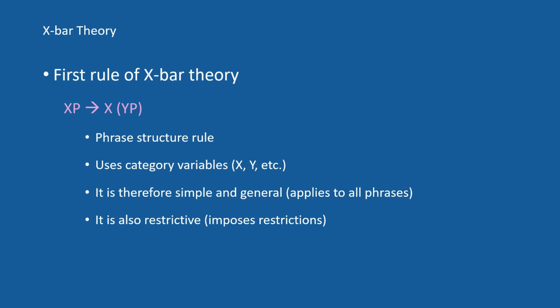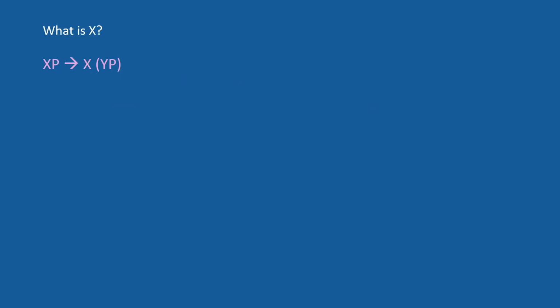Okay, so our first question we have to ask is about the X then. What is X? Well, here's the structure that the phrase structure rule produces. I've got an XP at the top, an X underneath it, and a YP underneath it, and both X and YP are joined to XP with branches.